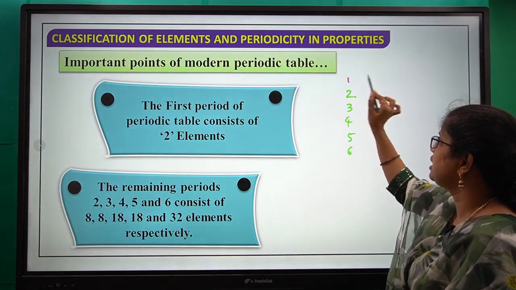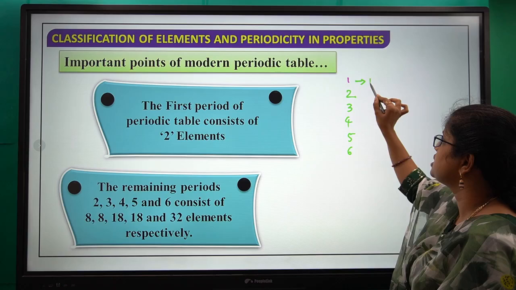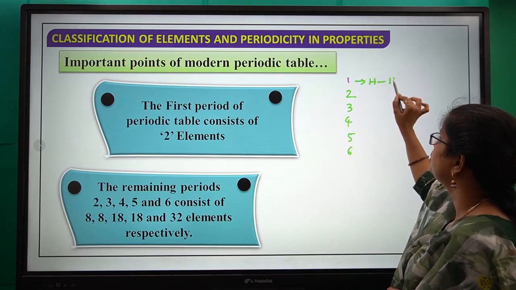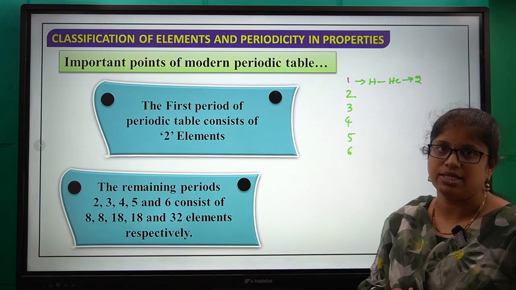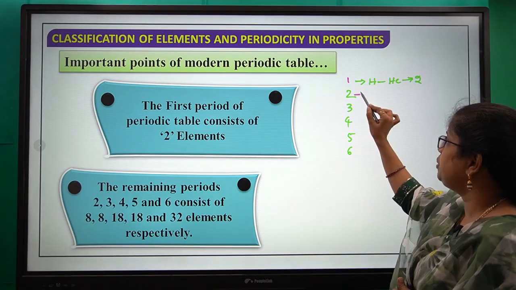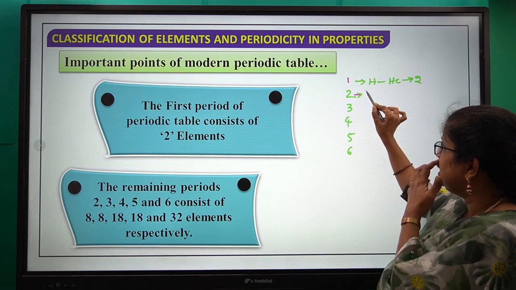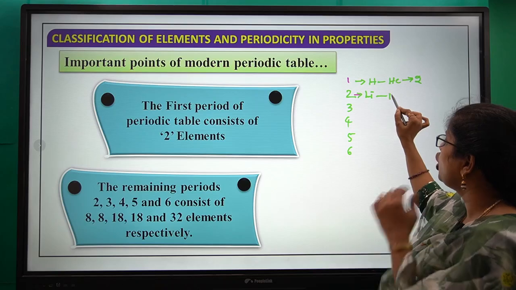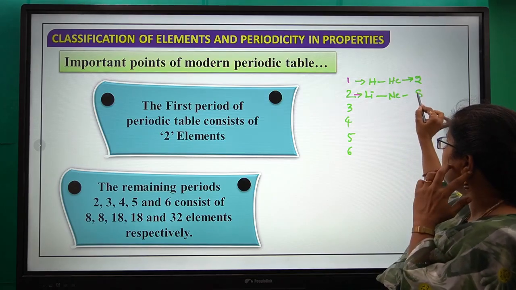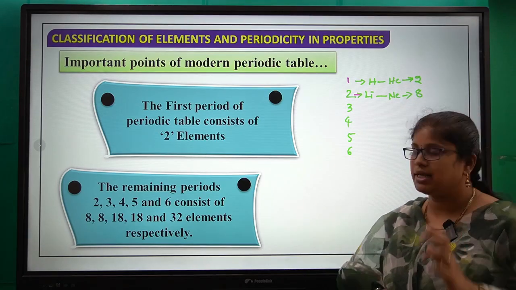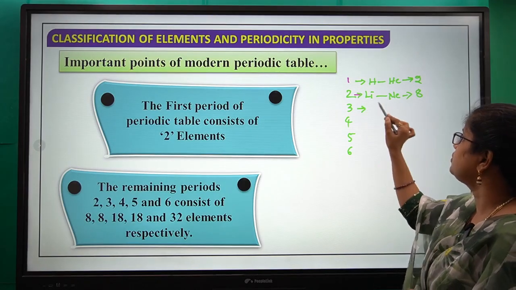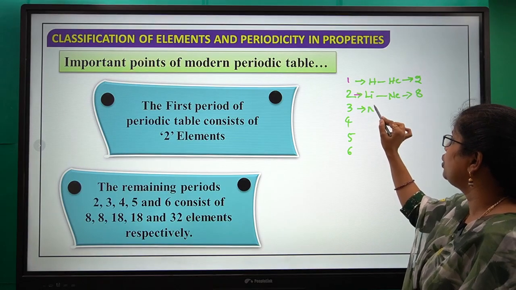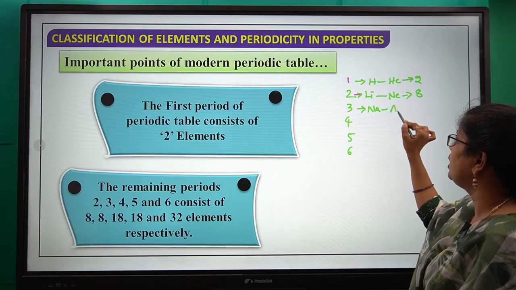So the first period contains only 2 elements, those are hydrogen to helium. So totally how many elements? 2 elements. Next, the second period contains lithium to neon. How many elements? 8 elements. So the second period consists of only 8 elements. Next, the third one, sodium to argon.